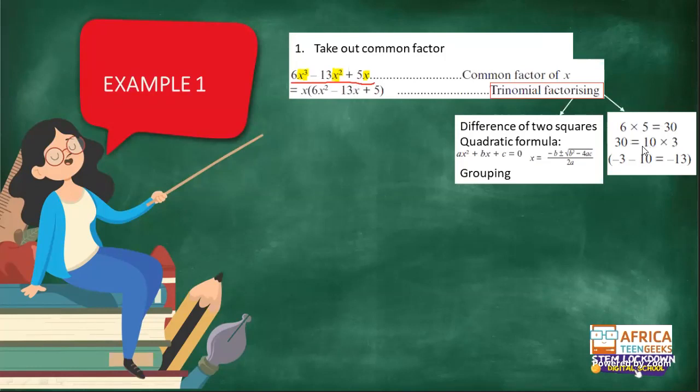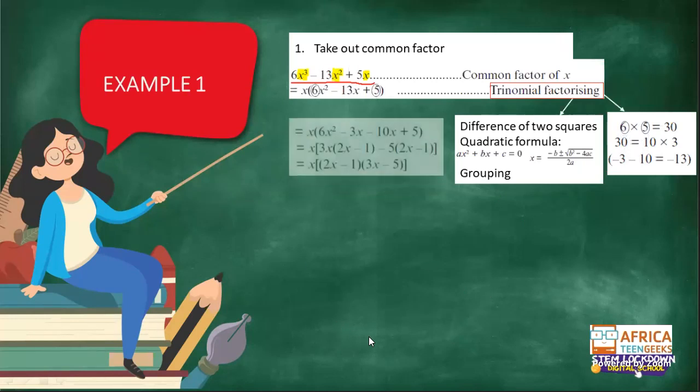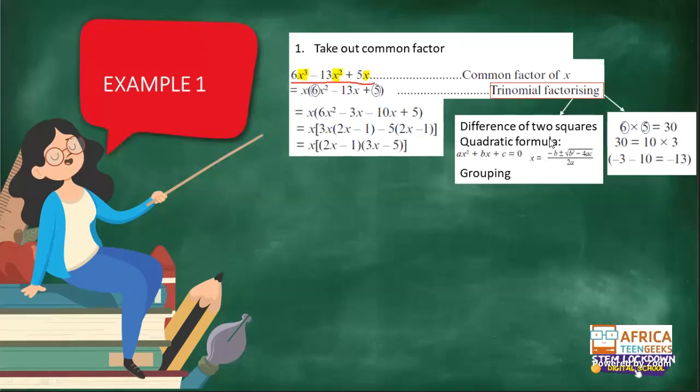And you will see that it's 10 and 3. Someone else would have used the quadratic formula. Still the same thing, you would get to the same answer. So there's more than one way of solving this problem. Just because someone else used the quadratic formula doesn't mean they are wrong.